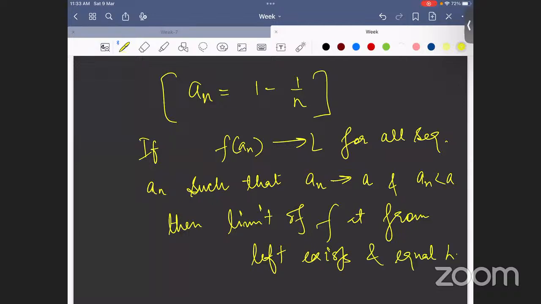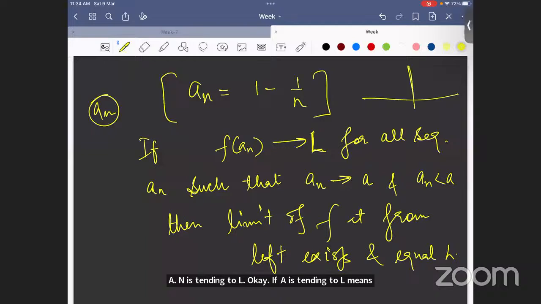See, this is the statement: if there is some real number L, and for example an is tending to L, what does that mean? You have a sequence an, and let's say this is a function for you.